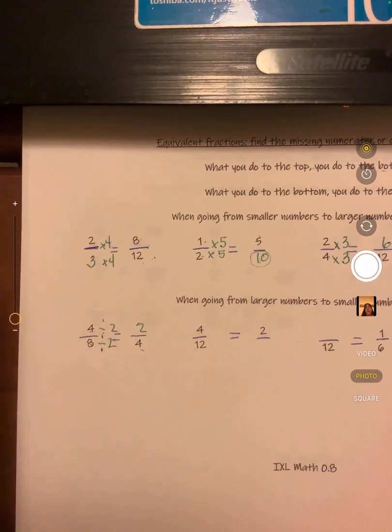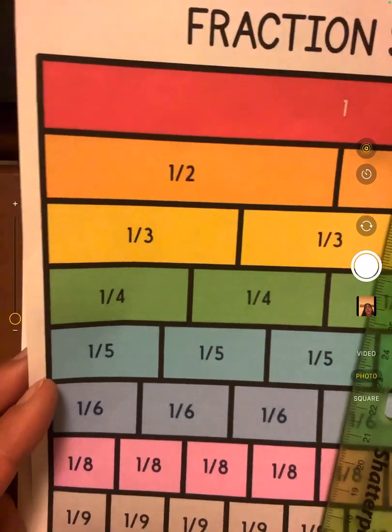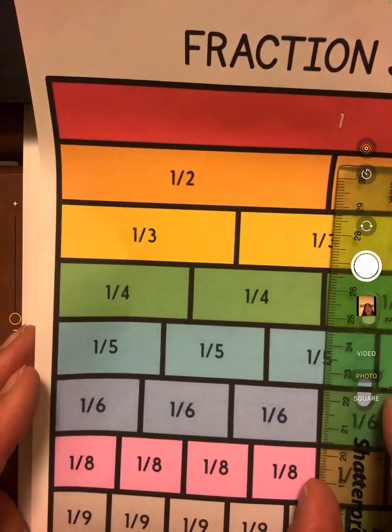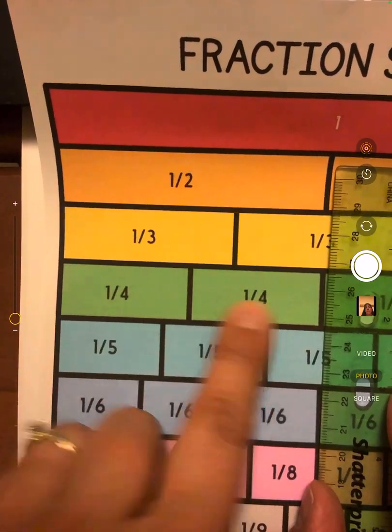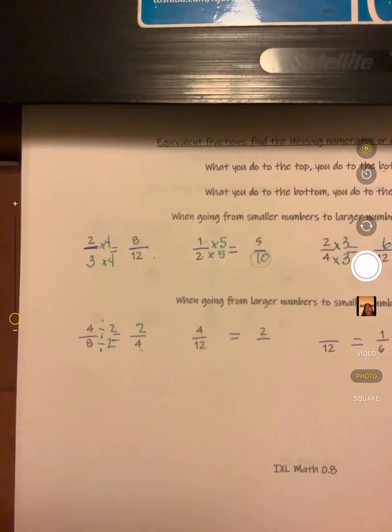And I can check that. Here's 4/8. How many fourths? 1, 2.